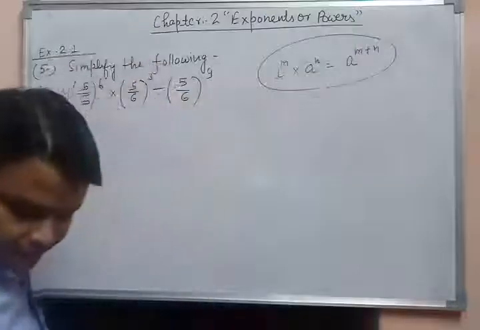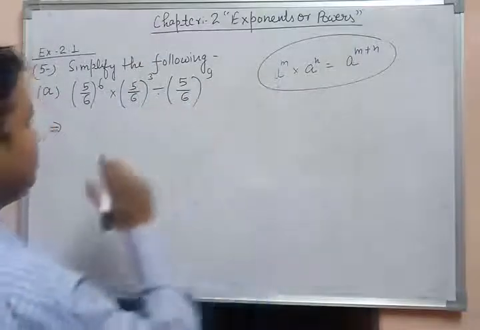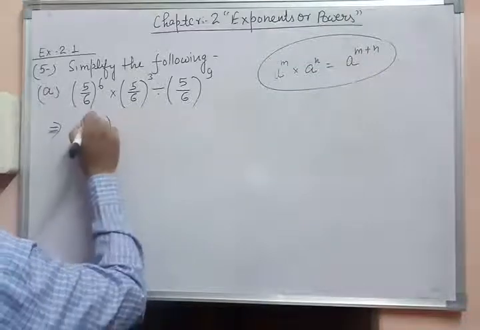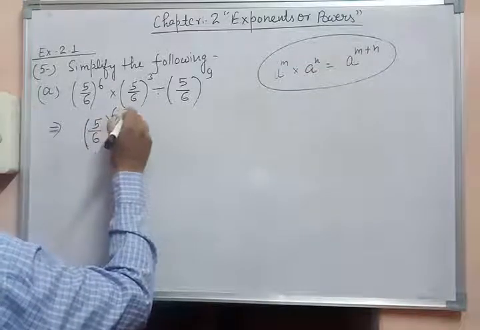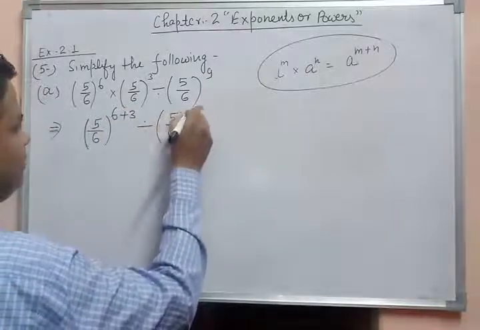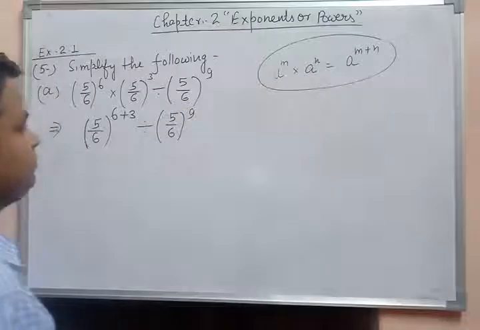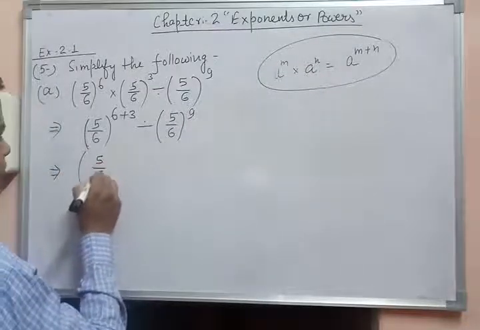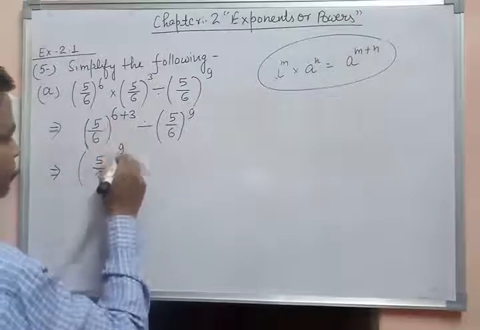So you have to apply this law of exponents. You have to write 5.6 to the power 6 plus 3 divided by 5.6 to the power 9, and applying this law we get 5.6 to the power 6 plus 3, which is equal to 9.